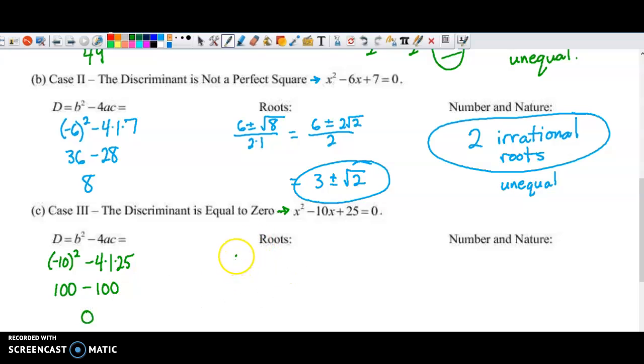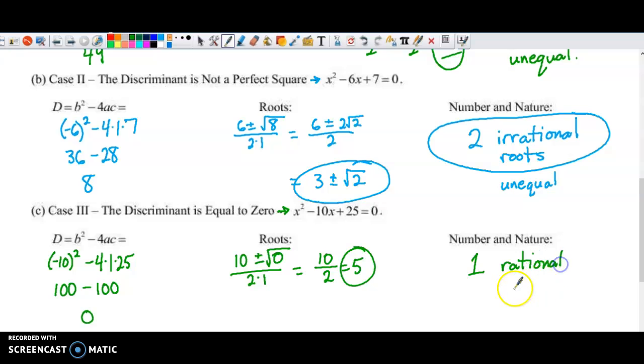So this time if you were to actually find the roots, negative b plus or minus the square root of 0 all over 2a, well, that's kind of silly because adding 0 is the same thing as subtracting 0. So to me, it makes more sense just to say that there's one rational root. But technically speaking, I get why the answer key says that there's two roots, because if it's a quadratic like this, it's supposed to have two roots.